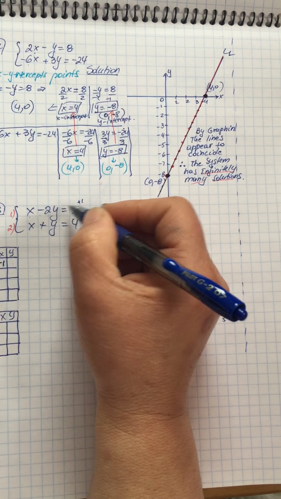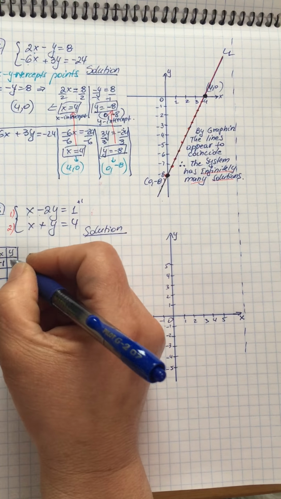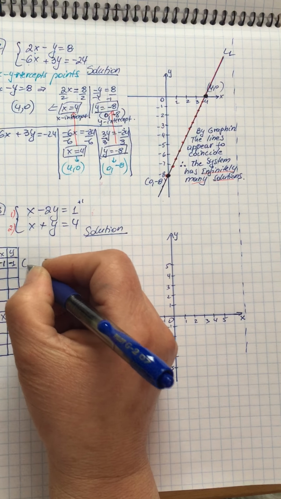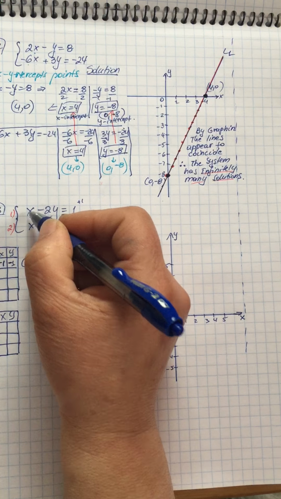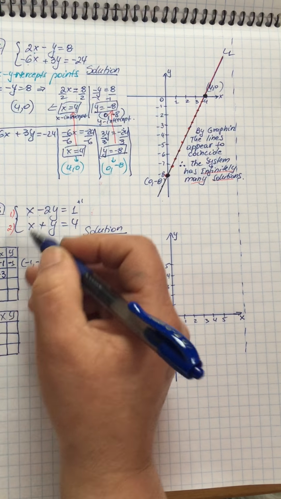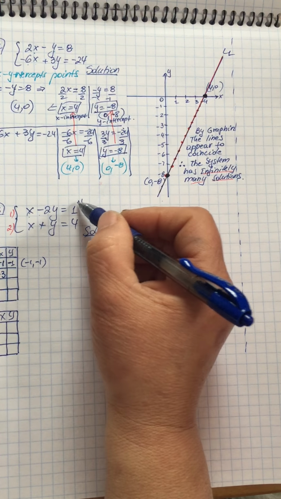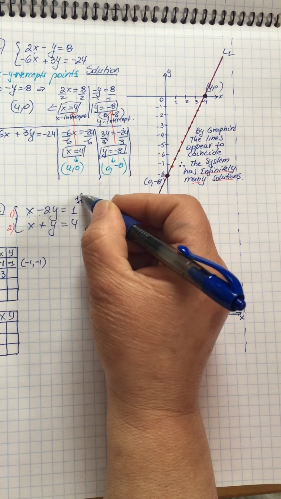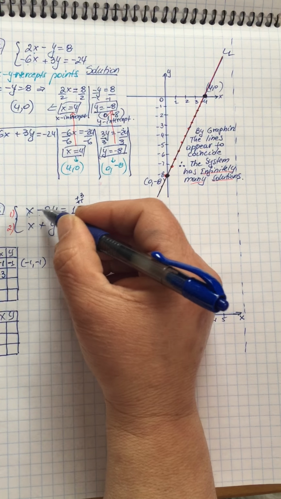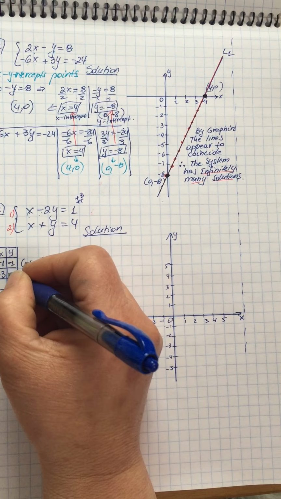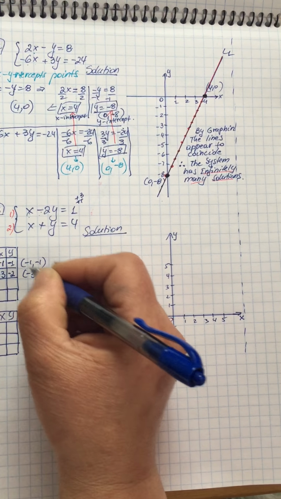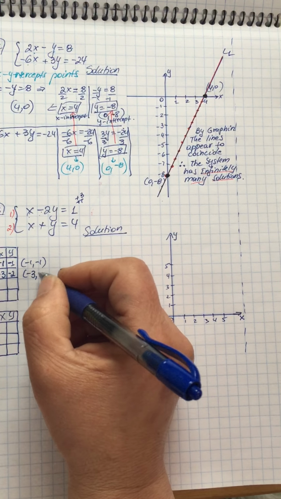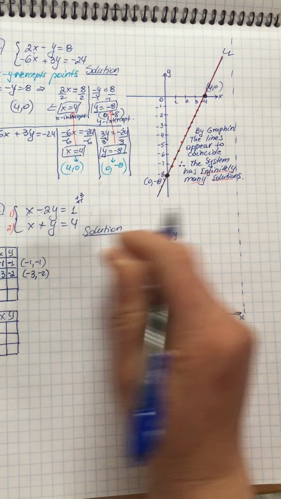So I have 2 divided by negative 2, so y will be negative 1, and I have the point negative 1, negative 1. Now, if I let x be negative 3, negative 3 will go to the other side and will be positive 3. So I have 1 plus 3, 4, divided by negative 2, and I find a value for y, which is negative 2. So I have a pair of numbers in order.